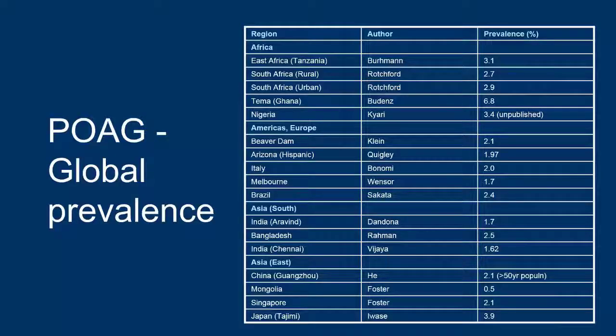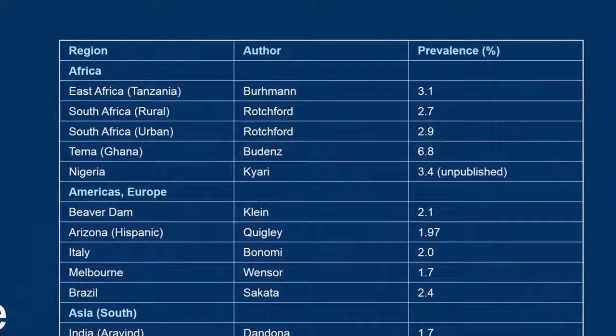So then there are a number of prevalence surveys, many of which now use the ISGEO classification. Some of the older studies use different definitions of glaucoma. And as you can see from this table here, the highest prevalence of open-angle glaucoma occurs in Africa, and you can see very high rates, particularly in West Africa, up to 6.8%, and unpublished data from the Nigerian survey showing similarly a high prevalence, and this applies across Africa to Eastern and Southern Africa as well.